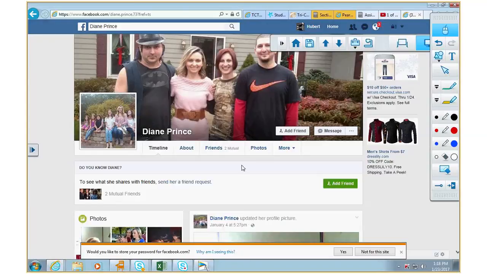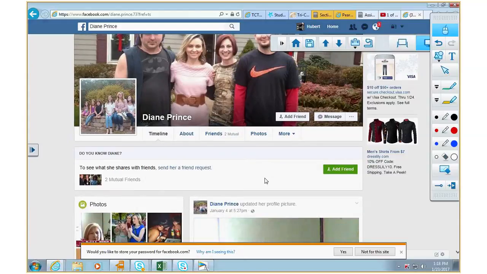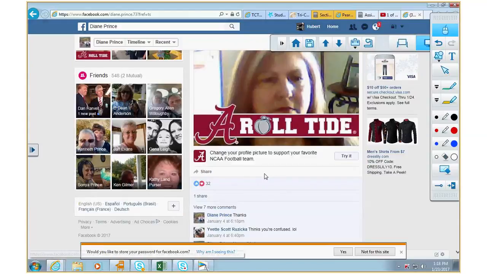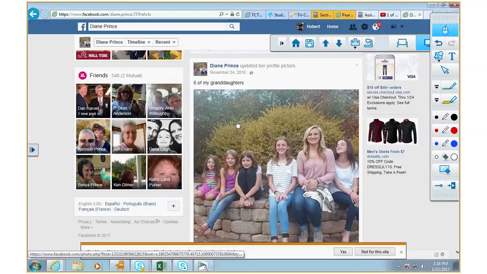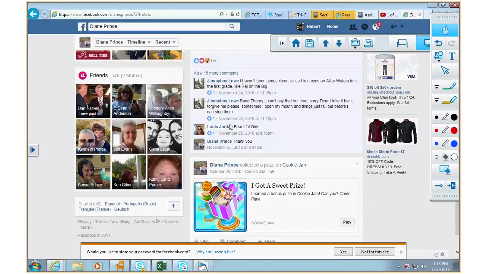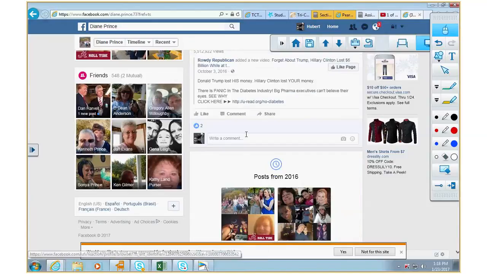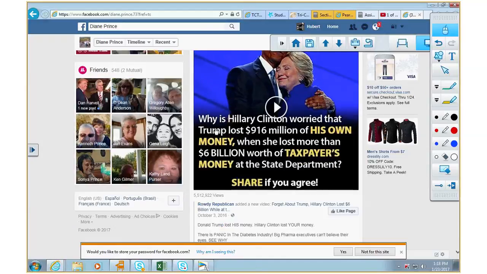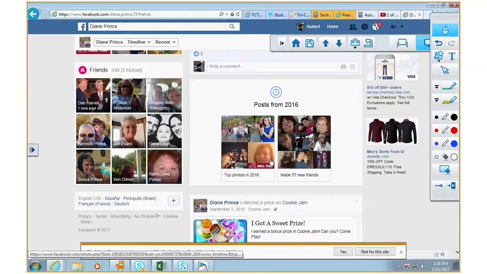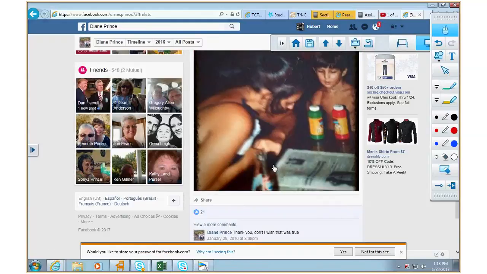Okay, the guy on the left is kind of creepy. No, not. Okay. Nope. Wait a minute. Why is Hillary Clinton worried that Trump was trying to ascertain if she's a Democrat or Republican?